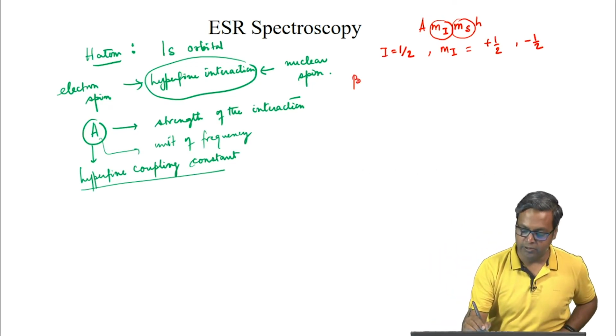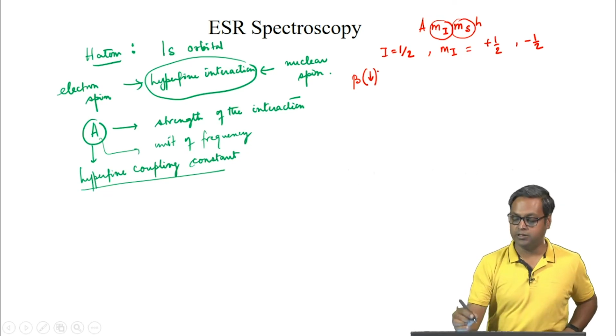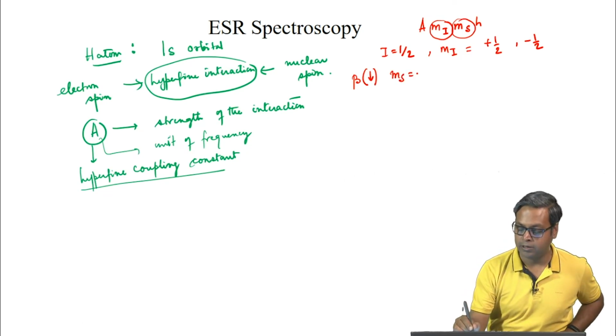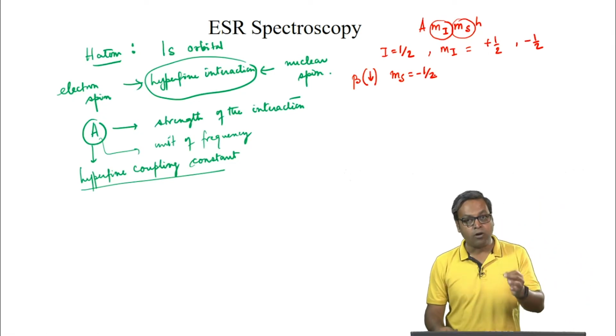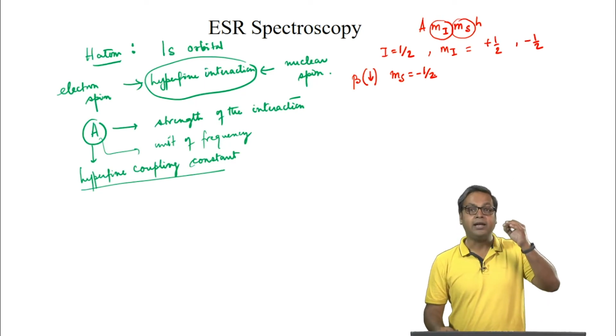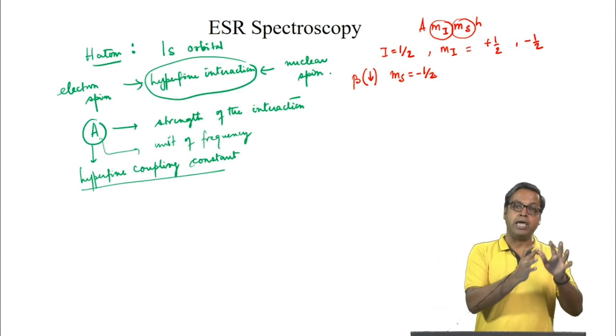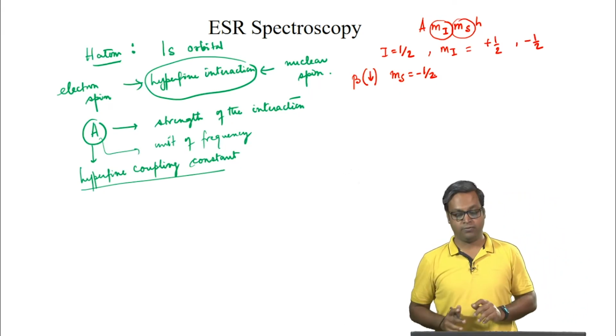So, beta state means the down spin state, that means m s equals minus half. If the electron is in the beta state, this electron can interact with both m I equals plus half and m I equals minus half.